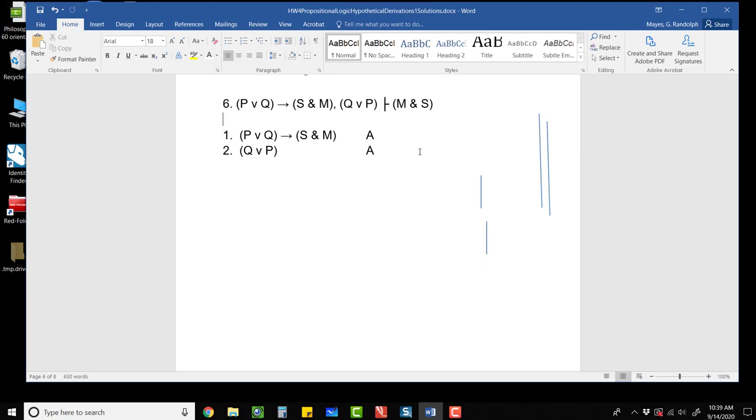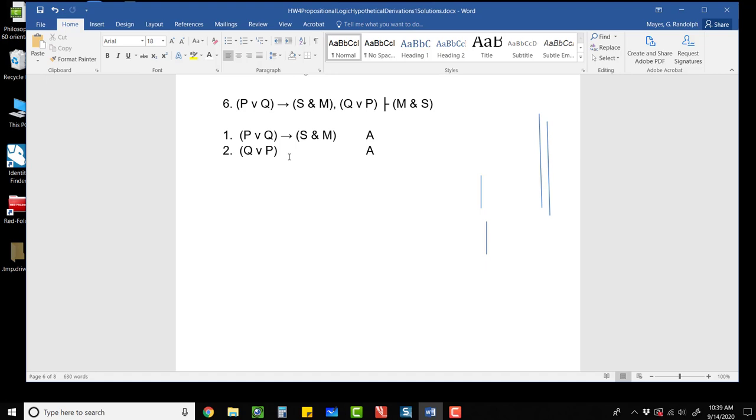So when we're doing proof, we are not trading in meaning at all. This is just a purely mechanical procedure that computers can do. And computers don't know what anything means. So a computer doesn't know that Q or P means the same thing as P or Q.